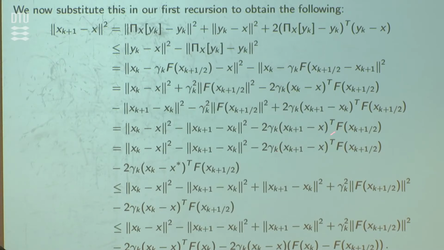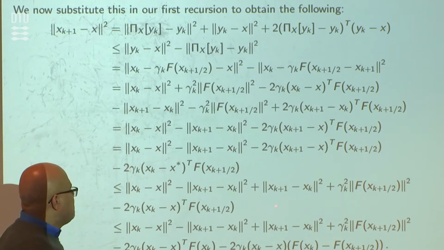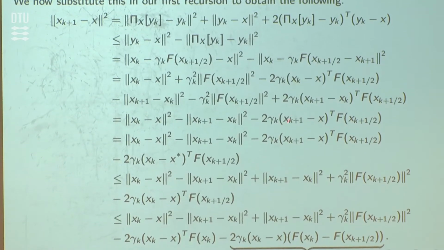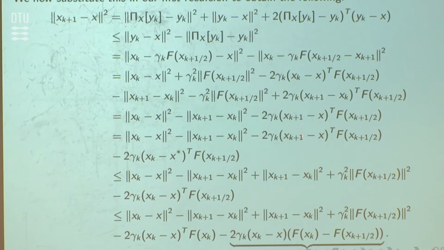Now all I do is I add and subtract. I have f of xk plus half. So I have f of xk plus, hang on a second, what did I do? I should have an xk there. This should be xk.